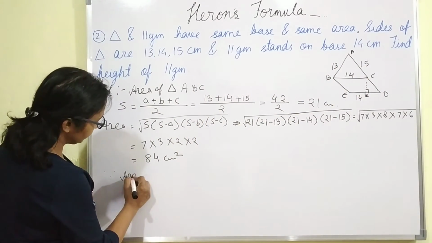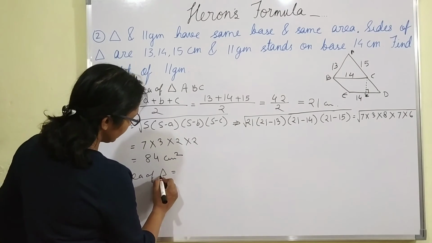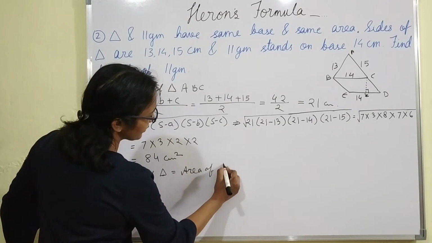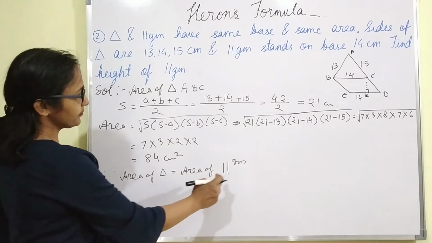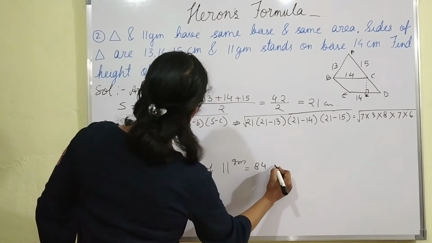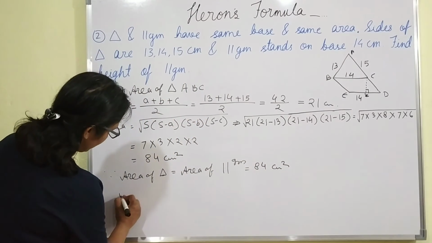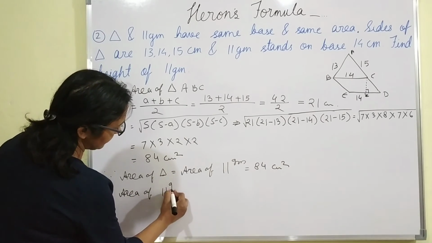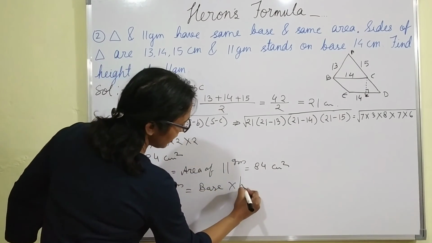Since the area of the triangle equals the area of the parallelogram, it is given in the question, so it equals 84 centimeter square. What is the area of a parallelogram? Area of a parallelogram is base into height.